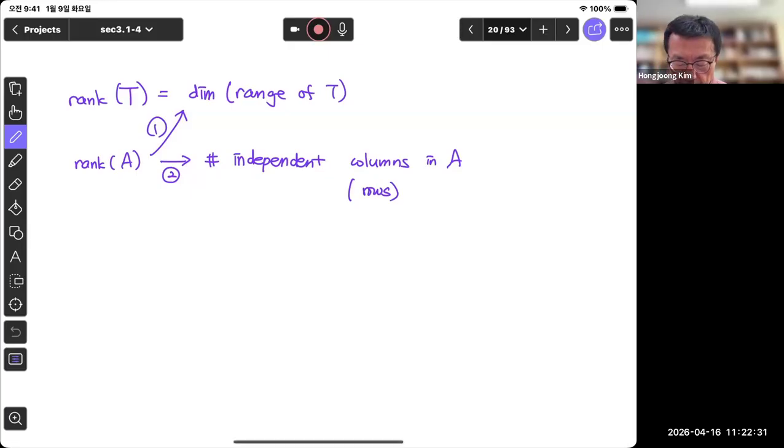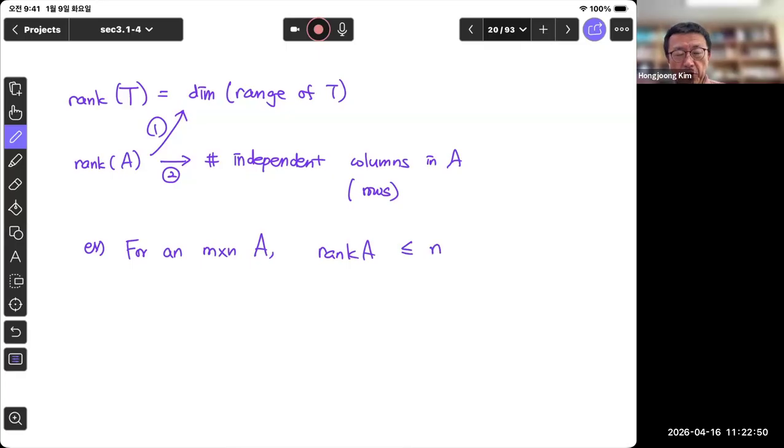So for an m by n matrix A, the rank of A cannot be greater than the number of columns, because if your matrix has n columns, then you have at most n independent columns.